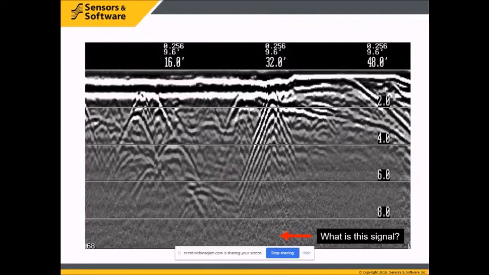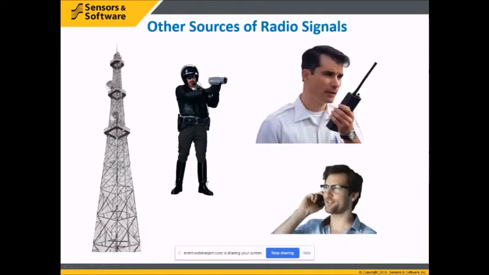And if the depth setting for your GPR line is deep enough, you should always see RF noise at the bottom of the GPR line. RF noise comes from many different sources: radio stations, TV stations, walkie-talkies, cell phones, military communications. The sun emits radio waves. The universe emits radio waves.